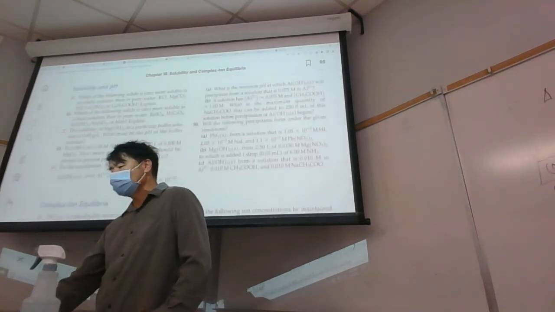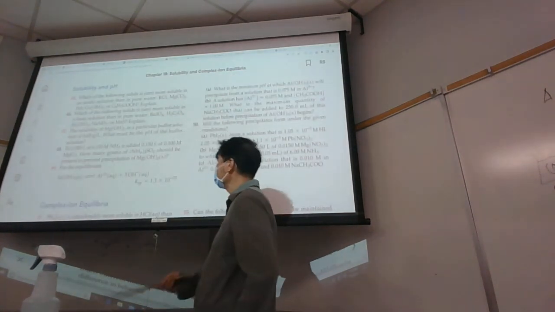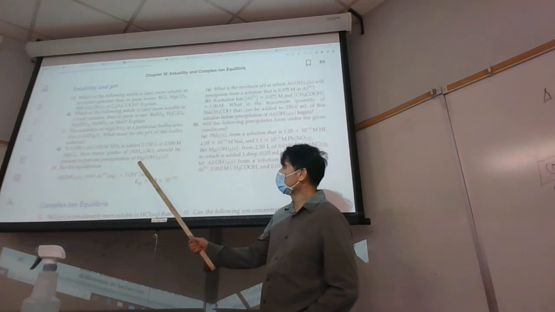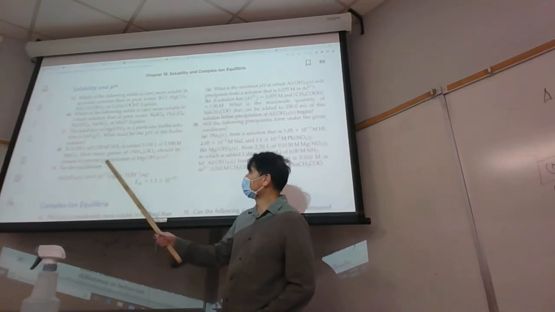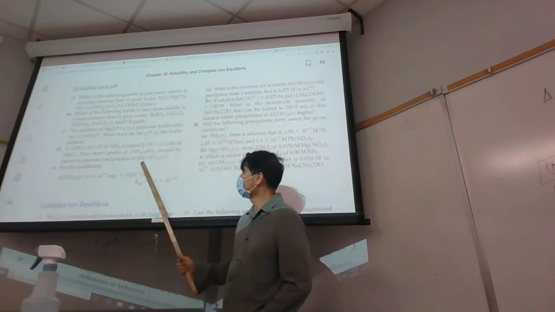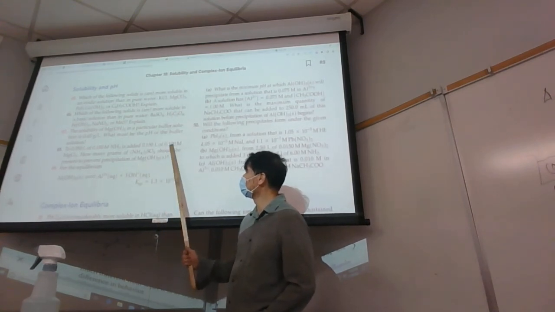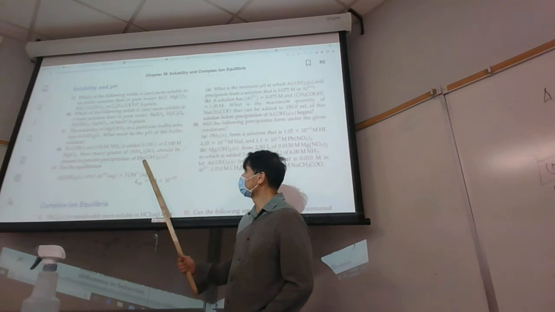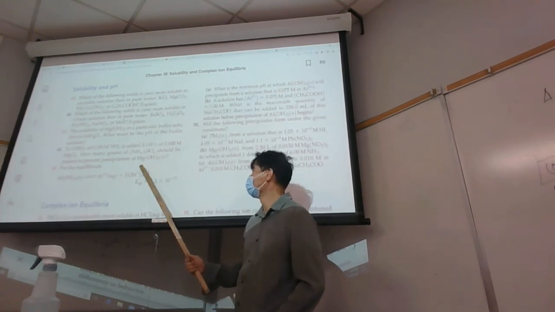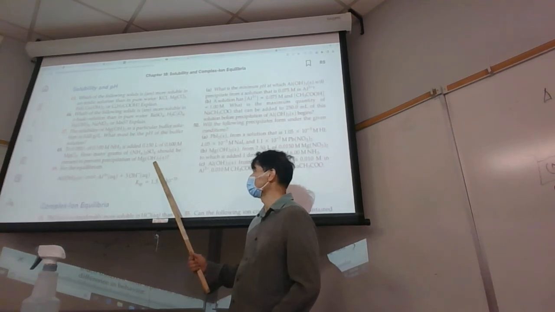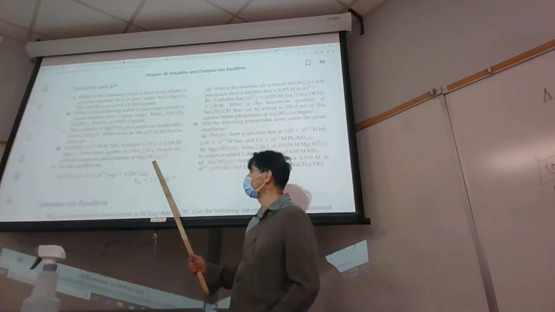Now, this is the same thing. Here, this is magnesium hydroxide. And what we want to do is prevent precipitation. So we have a certain amount of magnesium, 0.100. And we've got to figure out what the max hydroxide is. And so the max hydroxide is going to be the POH min, which is going to be the pH max.